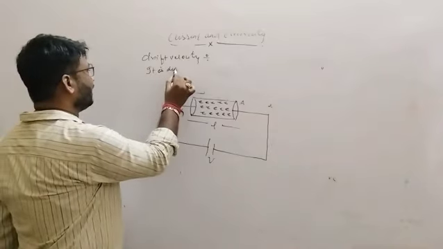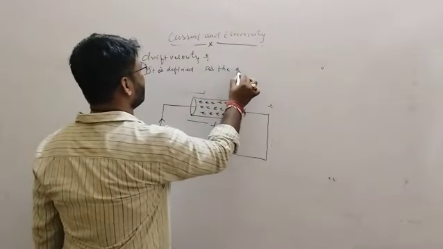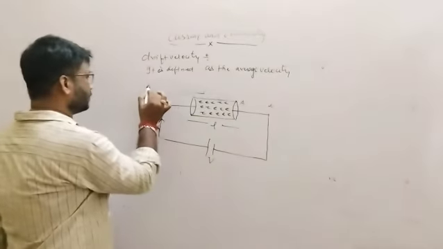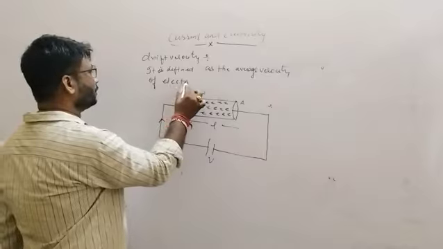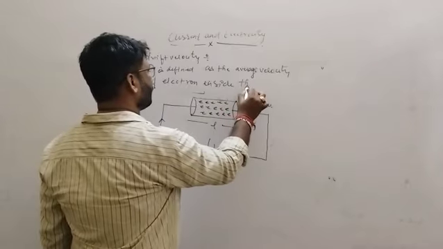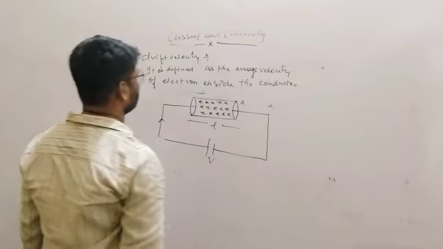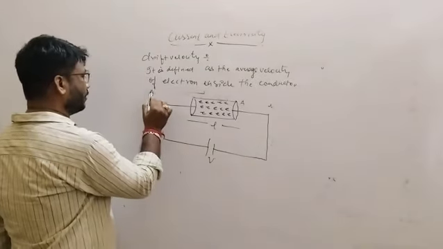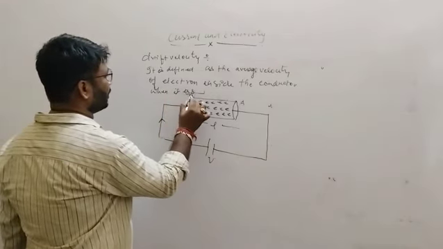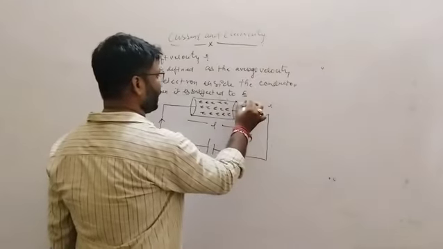So it is defined as the average velocity of electrons inside the conductor when it is subjected to an external source of energy.